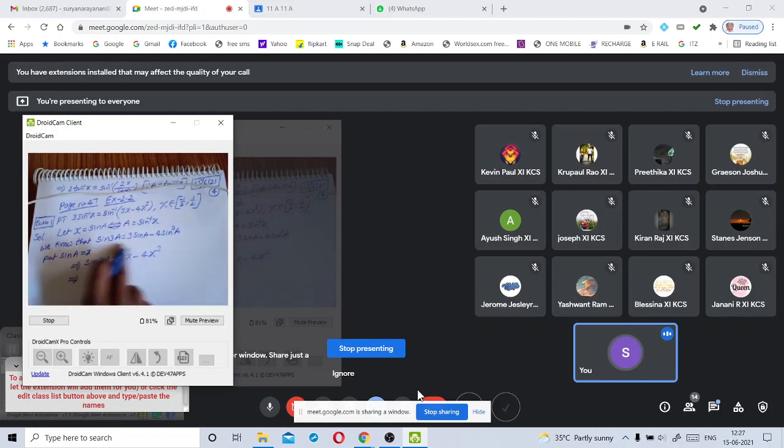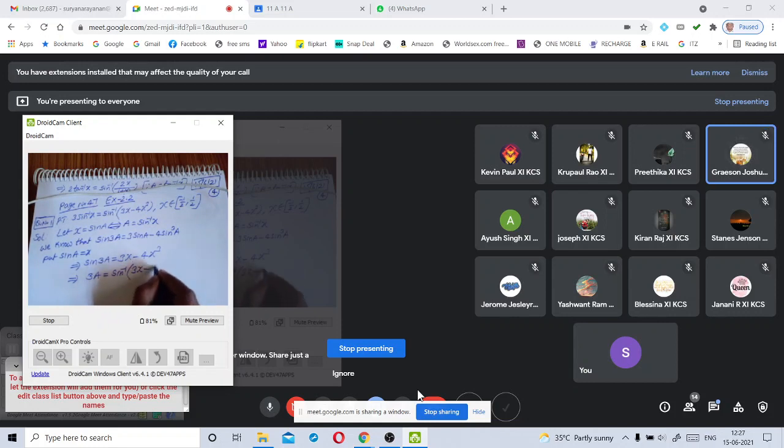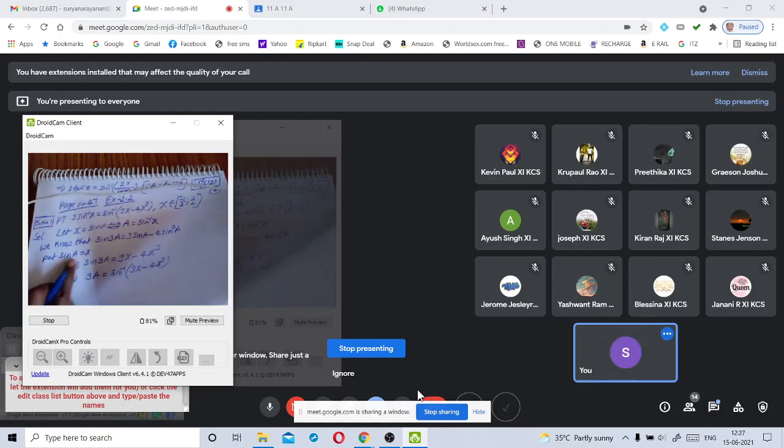If you send sine to RHS, what will you get here? So 3a, sir. 3a is equal to sine inverse of 3x minus 4x cube, sir. Okay. Now what is a here? Sine inverse of x, sir. Yes, 3 sine inverse x is equal to sine inverse of, because A is equal to sine inverse x.